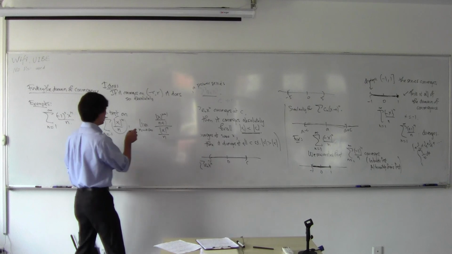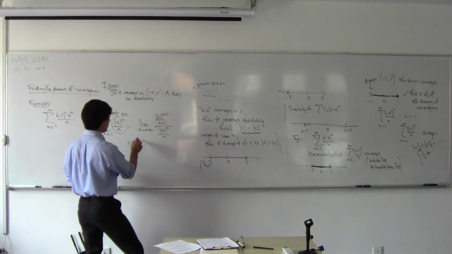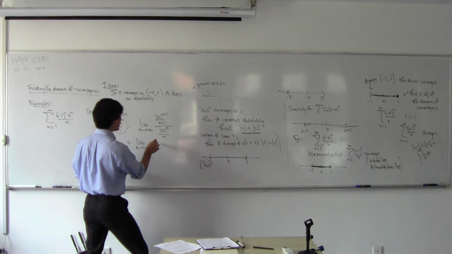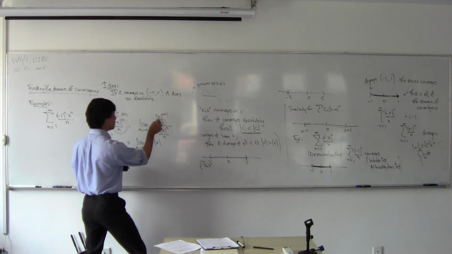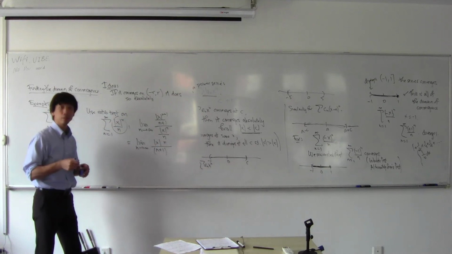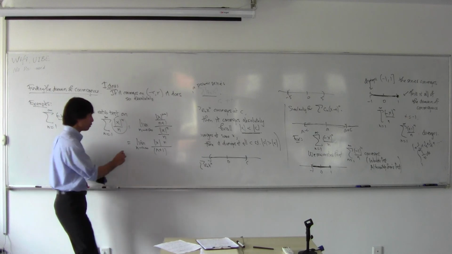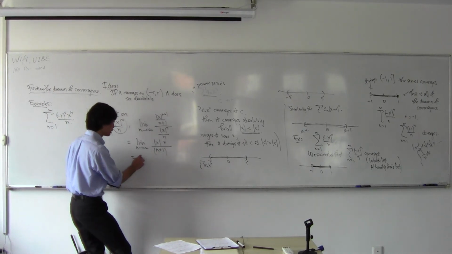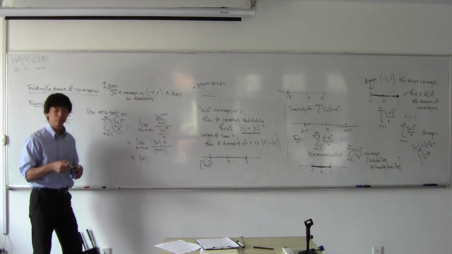Okay. So what do you get? You get the limit as n goes to infinity of x to the n, x to the 1, right, over n plus 1 times n, right? What's that? Absolute value of x, right?